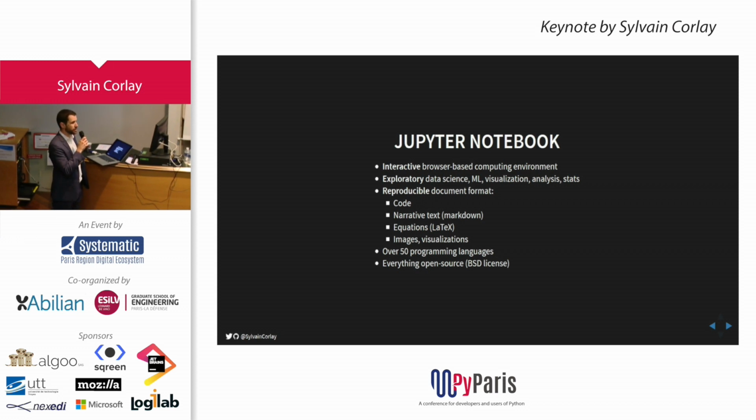And the architecture of the Jupyter ecosystem is made in a way that is completely language agnostic, and the kernel, which is the part of this infrastructure that is responsible for running the code, is very modular and can be rewritten for many programming languages. So there are over 50 programming languages supporting Jupyter at the moment, and obviously everything is open source.